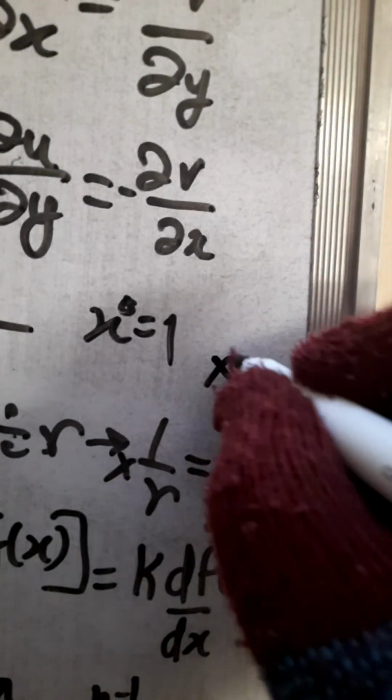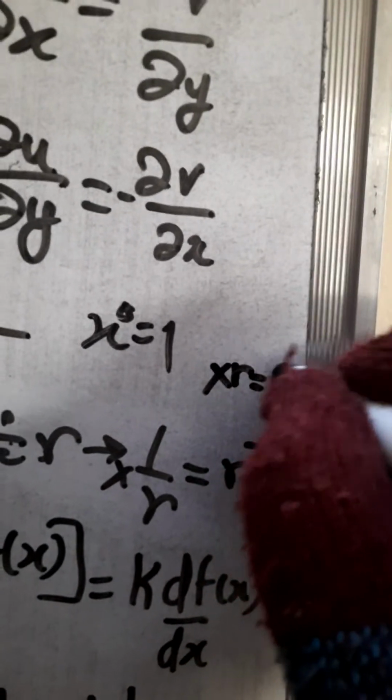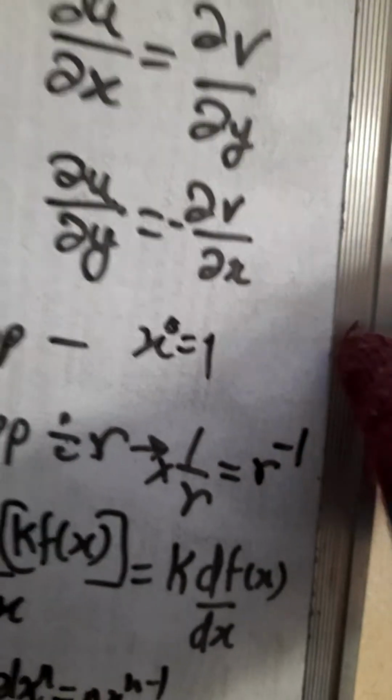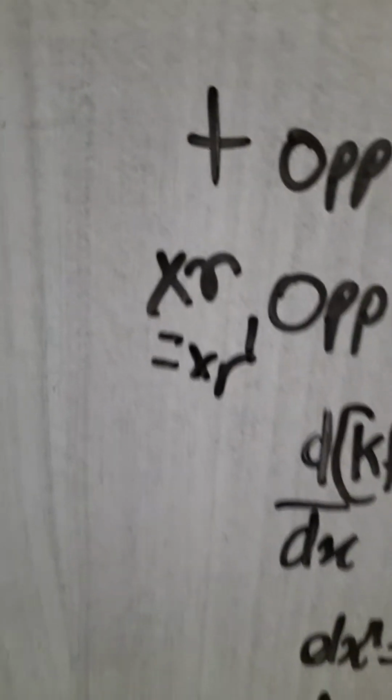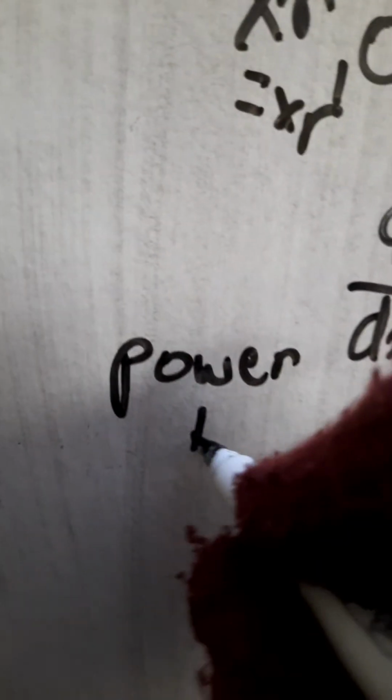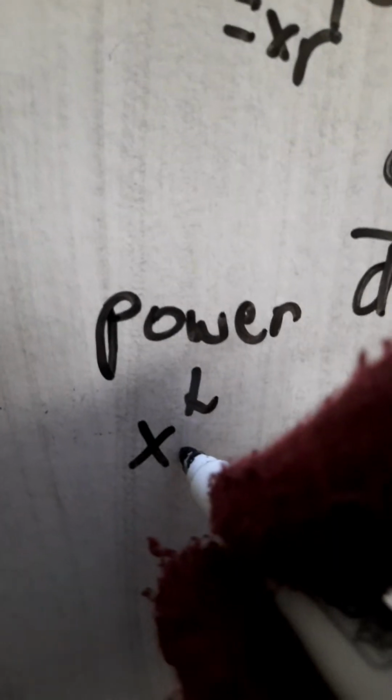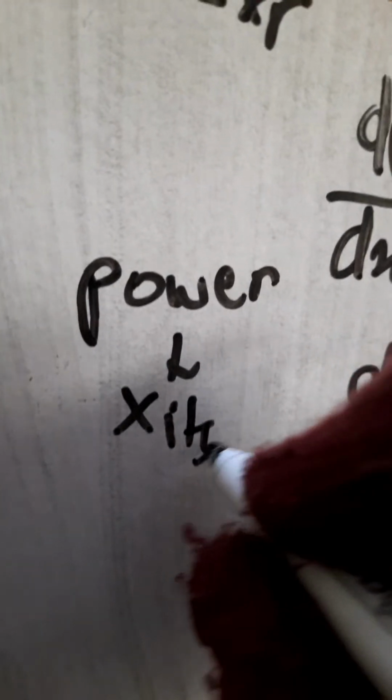Since multiplied by r is r raised to 1, okay, wait a second, I had written it here. Multiplied by r is r raised to 1. Wait a second, let me tell you, power is multiplying itself repeatedly.